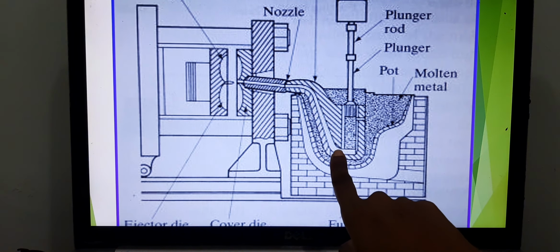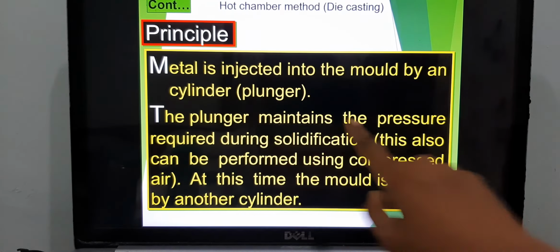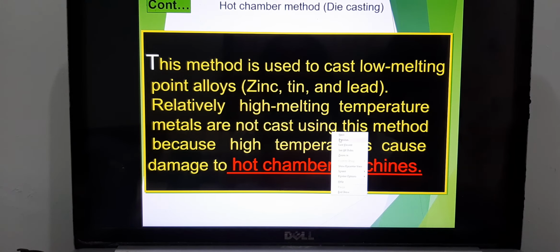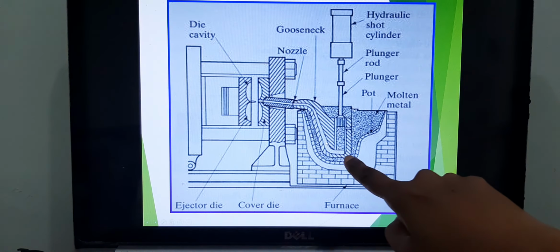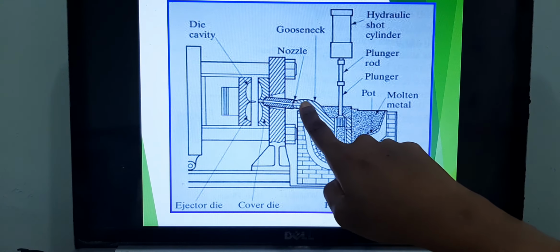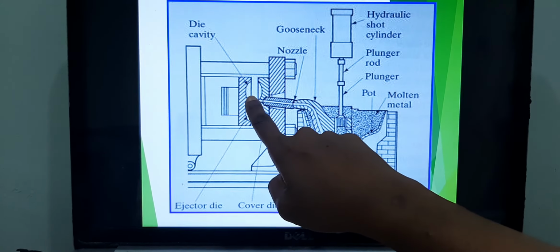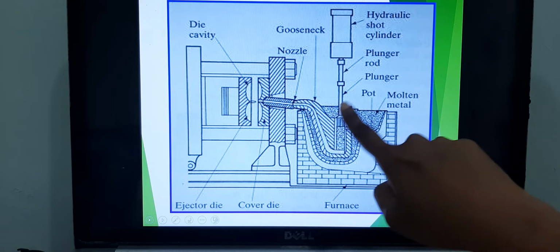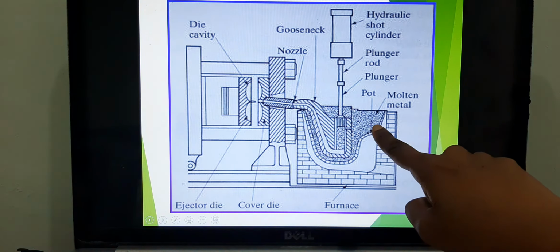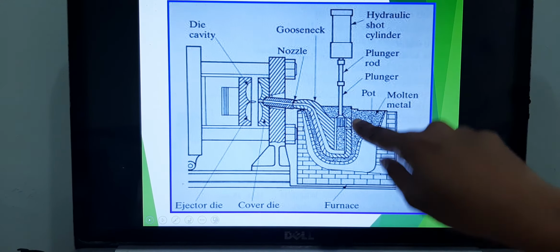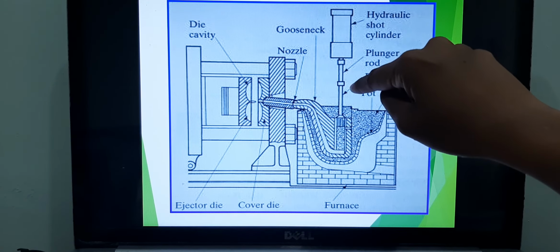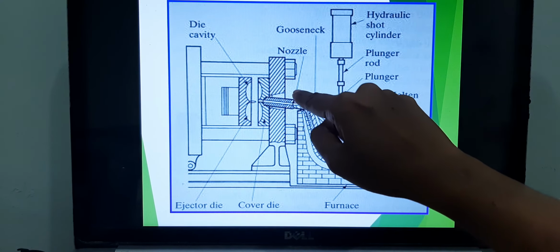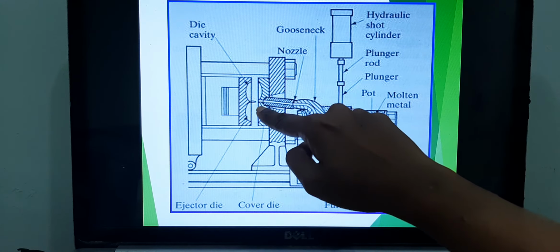This is the gate, through which the liquid metal will flow and enter the cavity. The injection cylinder will force the molten metal through the gating system and it will enter the cavity.